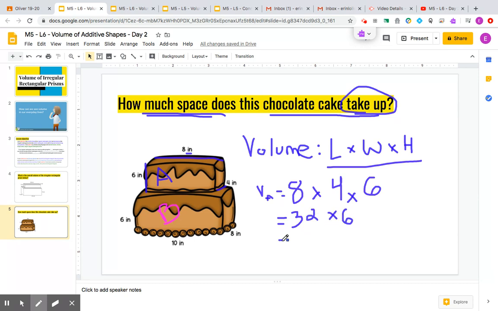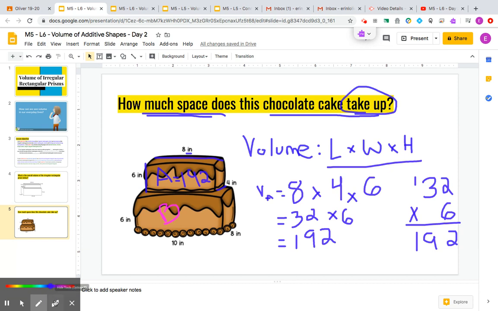Once again, I don't know my 6 tables all the way up to 32. So off to the side, I'm going to find my product. 6 times 2 is 12. 6 times 3 is 18, plus 1 is 19. So I have 192 cubic inches on this cake for that first top layer.